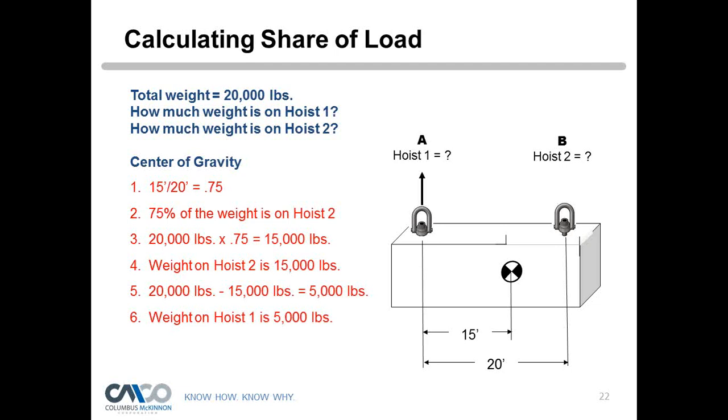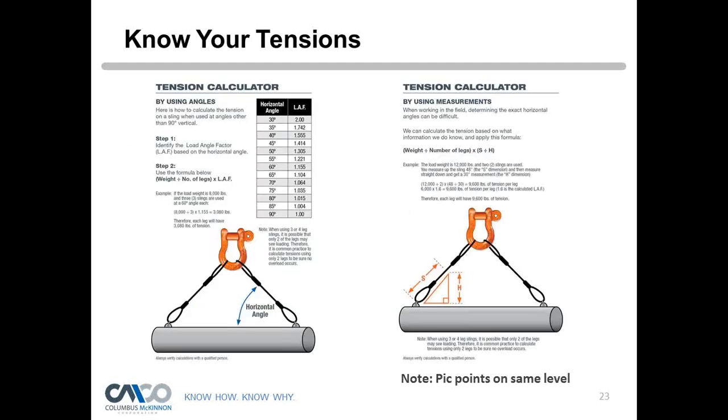Depending on your angle, let's say you have a 30-degree angle, and it was hoist number 2 in this case at that 30-degree angle, and it was 15,000 pounds, you would have to multiply that by 2 and size that sling for a 30,000 pound load, because that's the tension it would see.